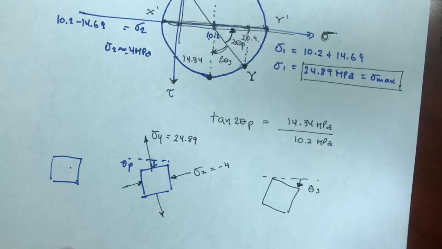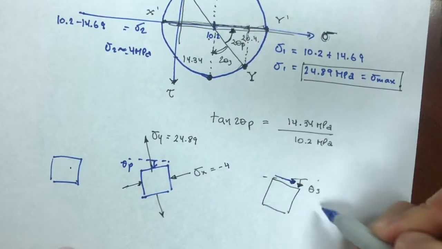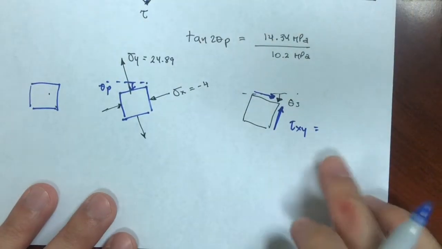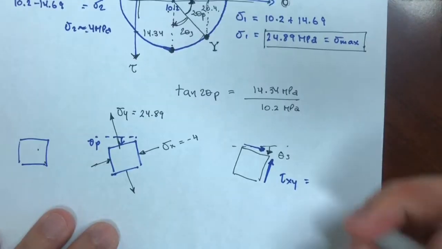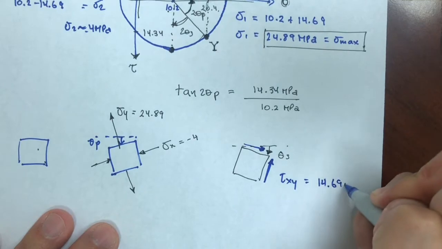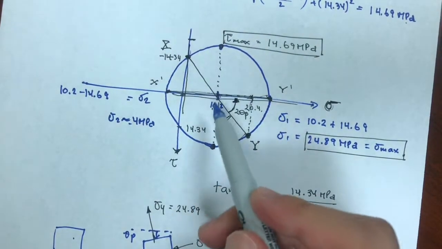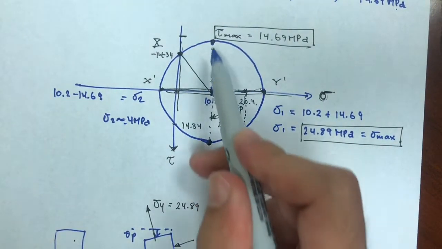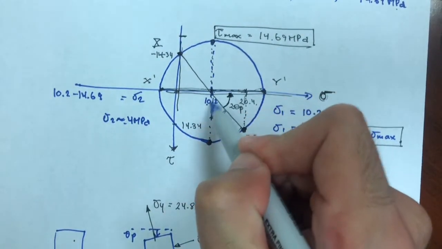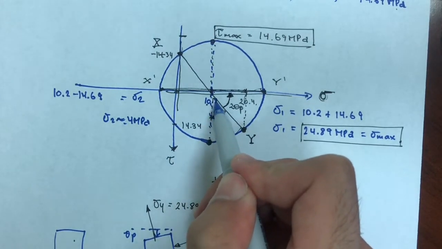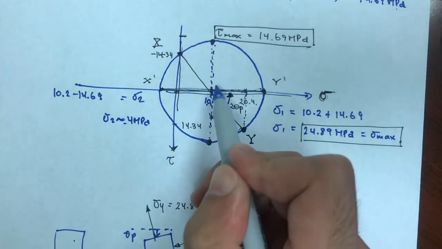So this would still be positive values for shearing, meaning in this direction, tau xy, and they would be equal to my maximum shearing stress, which is 14.69 megapascals. Would I have x and y, sigma x and sigma y in that situation? Yes, they would both be equal to 10.2, and positive.